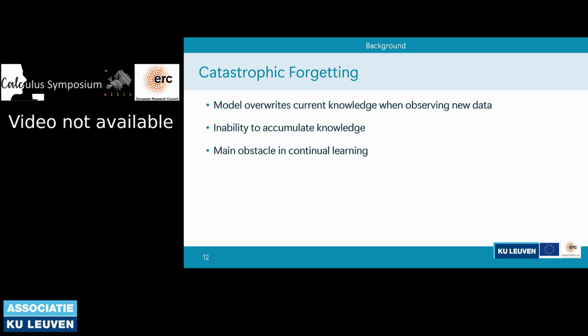So at the end of the day, it is only able to exploit the current state of the data distribution. This can be viewed as an inability to accumulate knowledge, which is what we want in continual learning. Essentially, solving this problem is the main objective here.